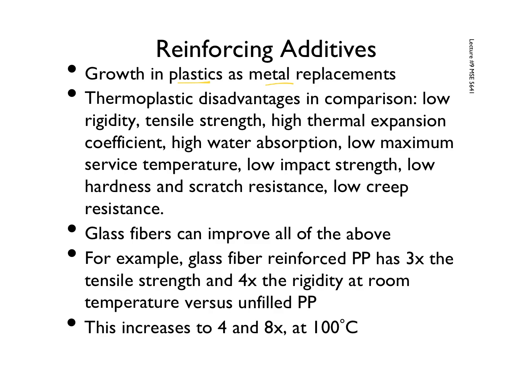So this is a great example of how that's happened. They have some disadvantages in comparison. They tend to have low rigidity, but of course if we reinforce them with something that's rigid, then we can balance that out. Tensile strength by itself is weak, but again, you add a high strength carbon fiber to that polymer, and now it's not such a low strength material anymore.